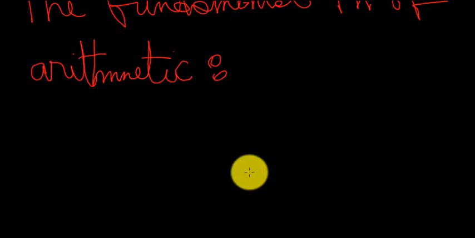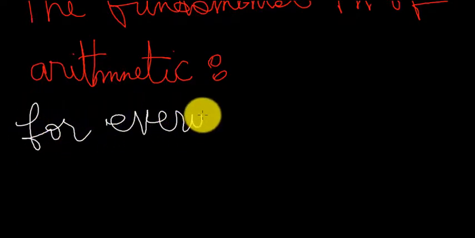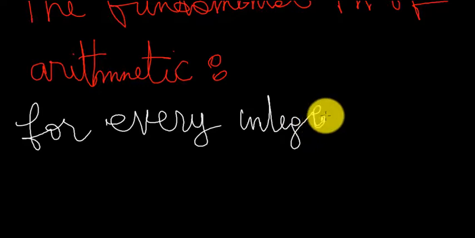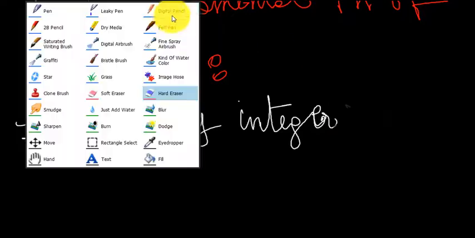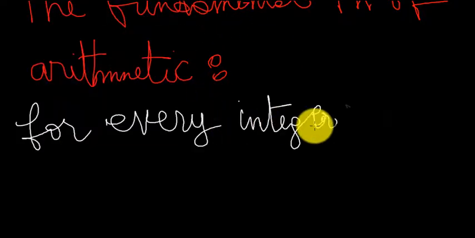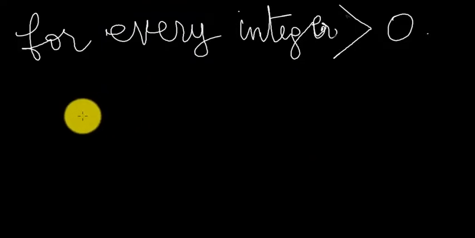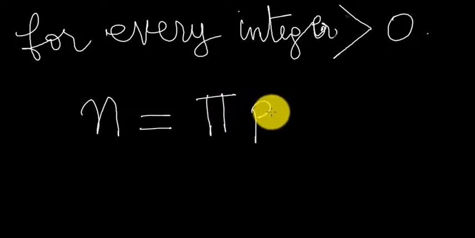The fundamental theorem of arithmetic actually states that for every integer which is bigger than 1, this integer, we call it n, is equal to a product of primes.